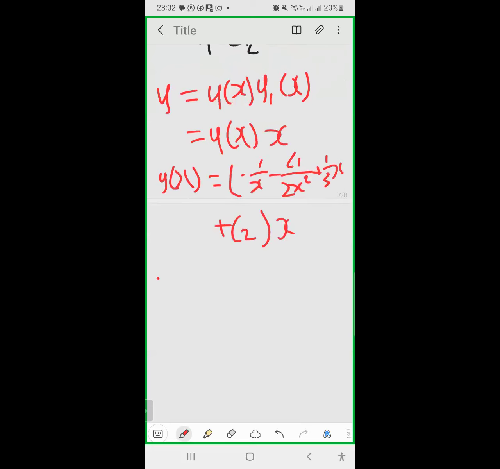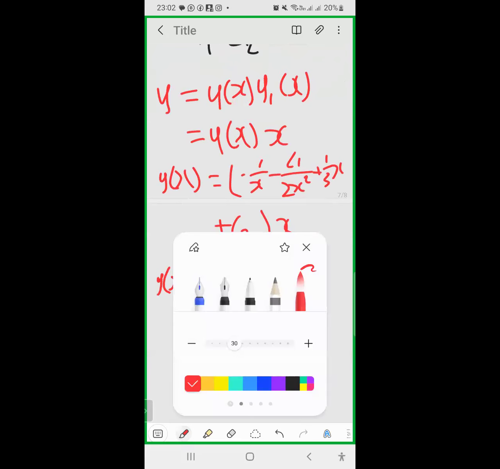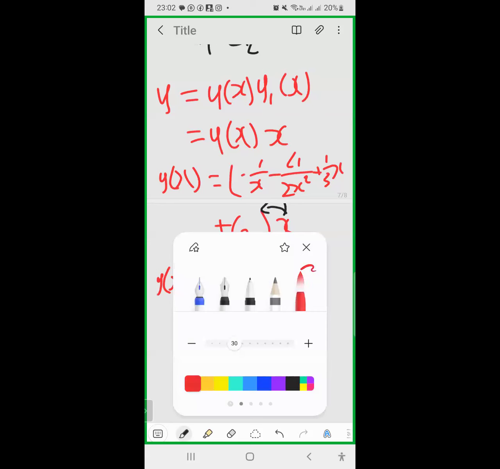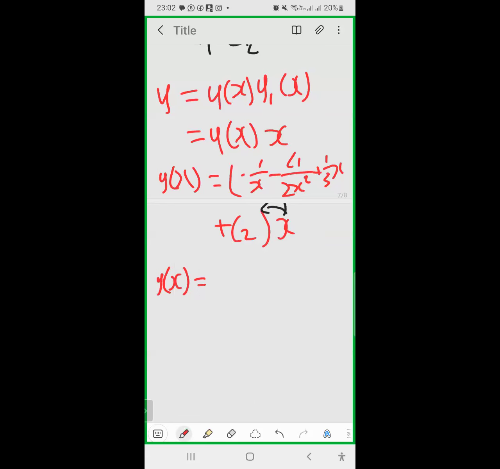Then our general solution y of x is going to be equal to, we multiply our x with everything that is inside the brackets. So let's continue and do that. x times minus 1 over x, that is minus 1.